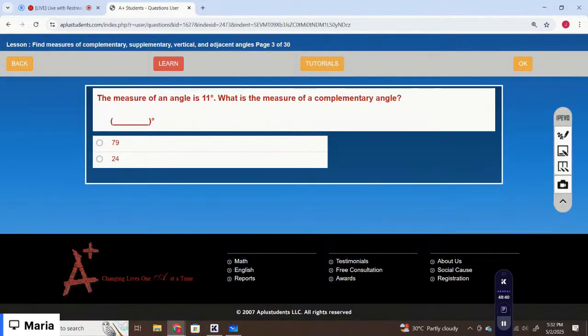The measure of an angle is 11 degrees. What is the measure of a complementary angle?